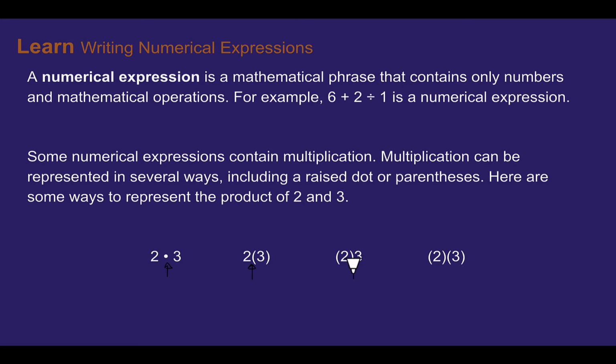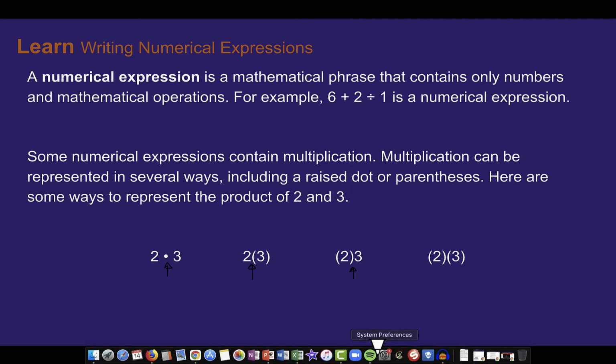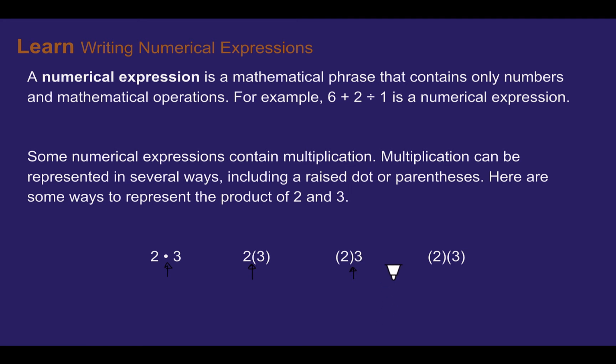We could switch what's in the parentheses. Again, there's still that hidden multiplication in between. And then finally, we could put both of them in parentheses and another hidden multiplication. So there are a few ways you could see multiplication. If there's not a symbol there, it's indicating that you need to multiply.